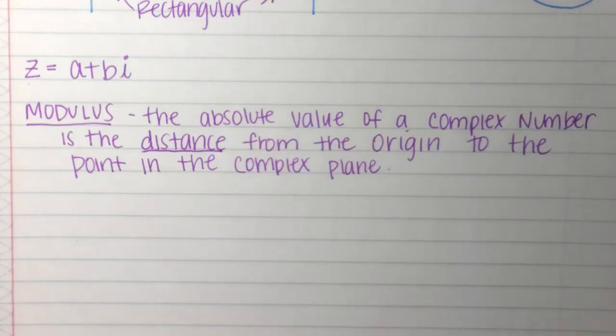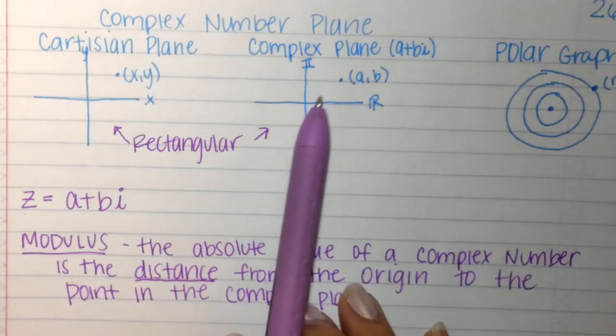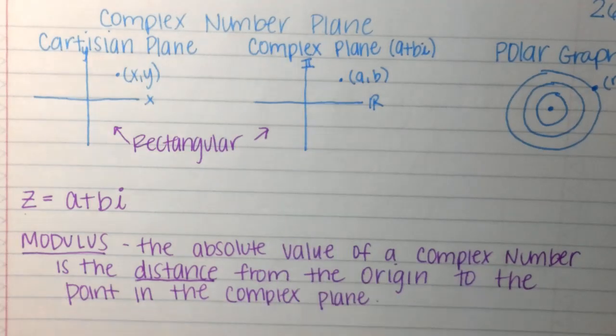So how do I find the modulus? If I'm in this complex plane right here, how do I find the distance from the origin to a, b? I mean, you're not wrong, but give me something else.